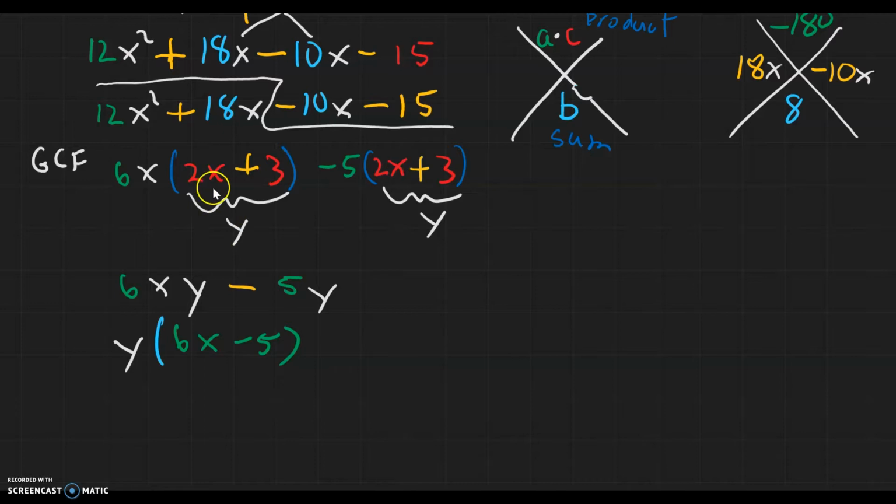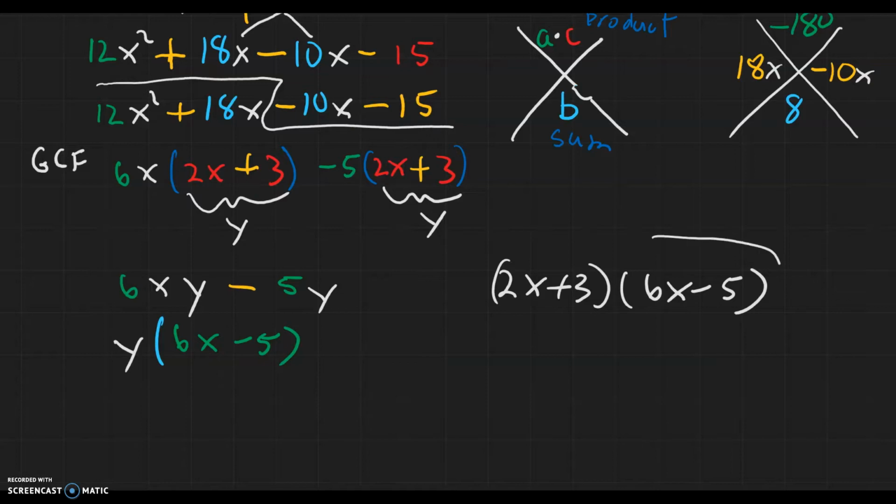Well, instead of a y, we have a 2x plus 3. So what's really happening is that we're factoring out a 2x plus 3. Instead of a y, we have a 2x plus 3 that we're factoring out. And what are we left with? 6x minus 5.